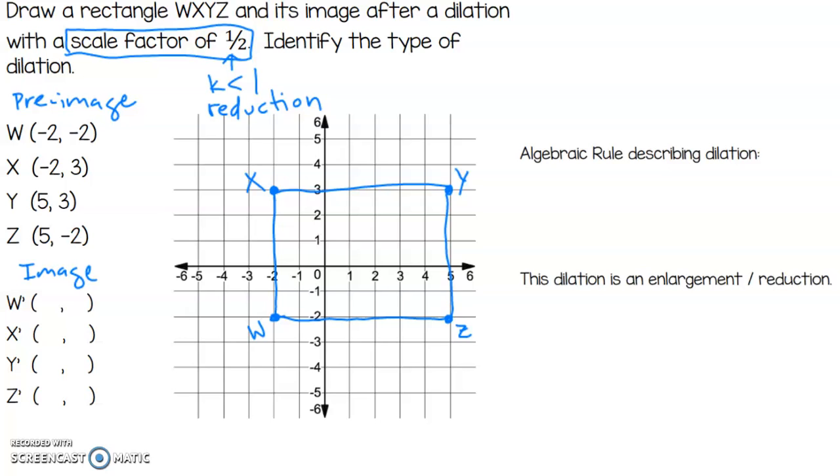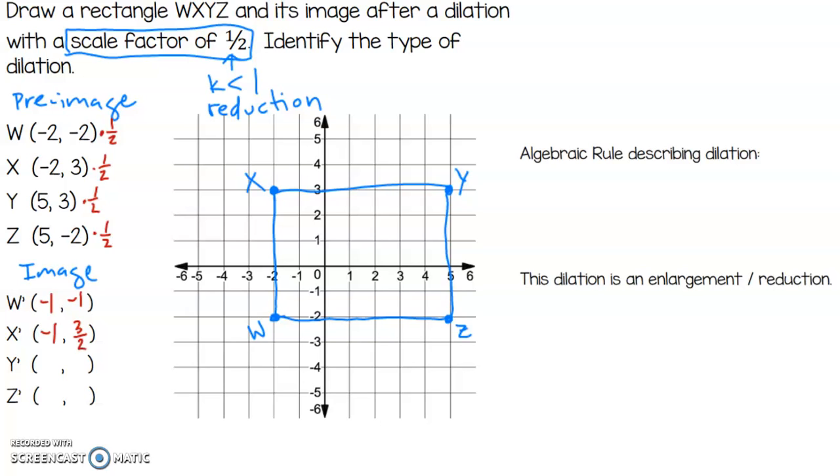It says scale factor of 1/2, so we're going to multiply all the coordinates times 1/2. Okay, so 1/2 of -2 is -1. 1/2 of -2 is still -1. Okay, 1/2 of -2 is -1. 1/2 of 3 is 3/2.